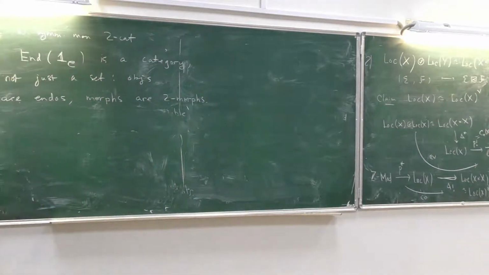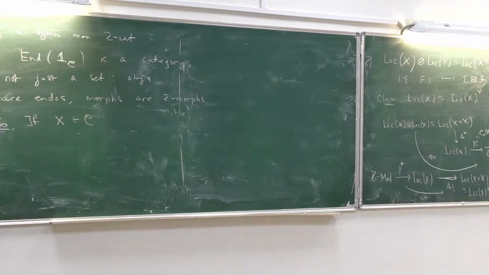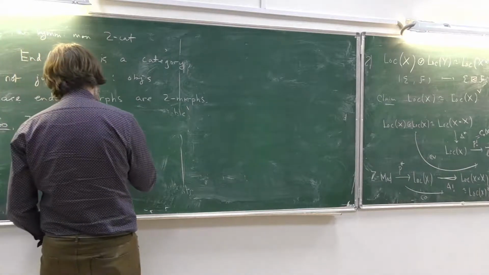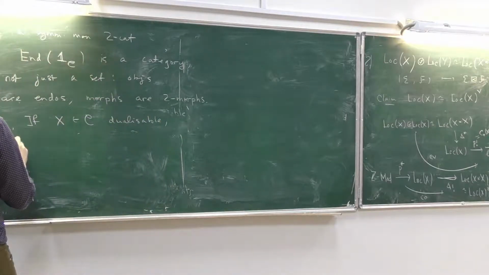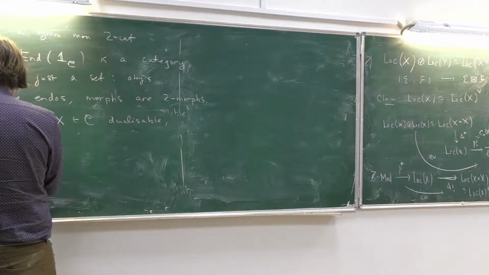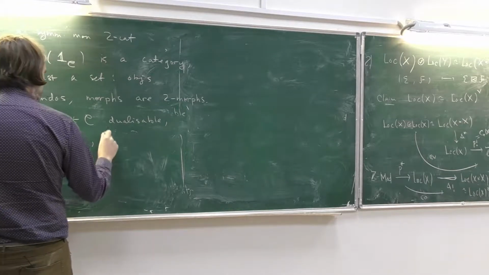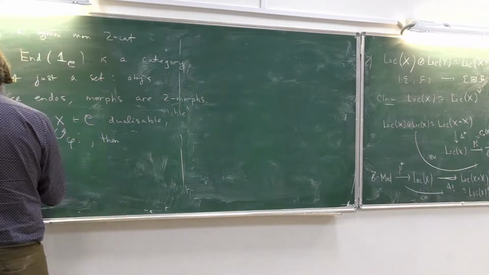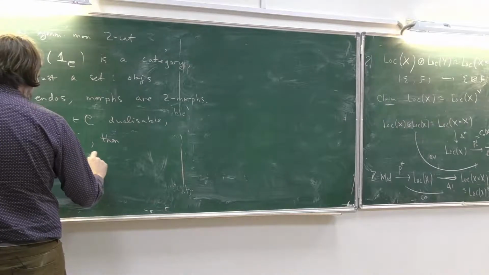And so that means if I have a dualizable object in a symmetric monoidal 2-category, and an endomorphism phi, then trace of phi lives in endomorphisms of the unit.